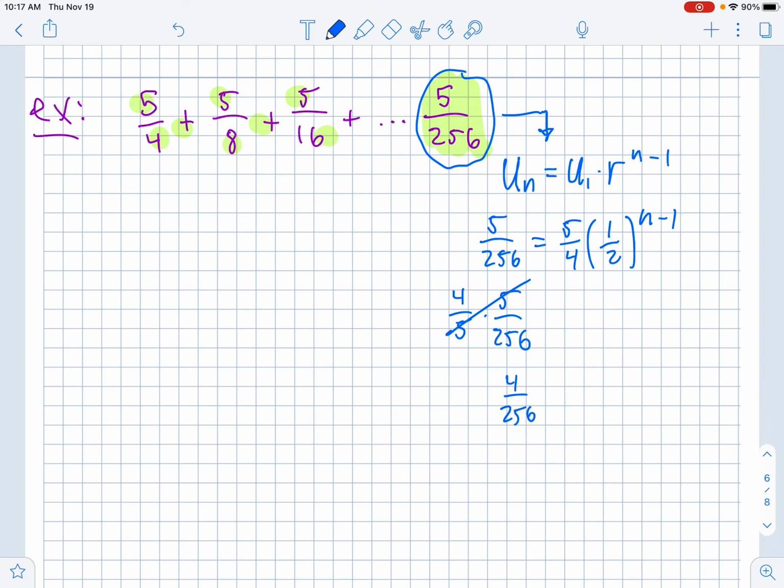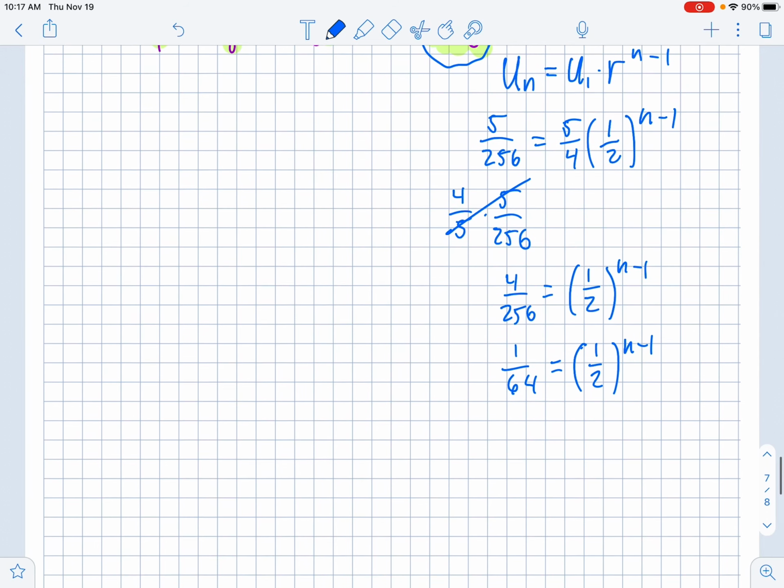We get 4 over 256 is equal to 1/2 to the n minus 1. Oh, 4 over 256 must reduce. Yeah, to 1/64. So 1/64 is equal to 1/2 to the n minus 1.